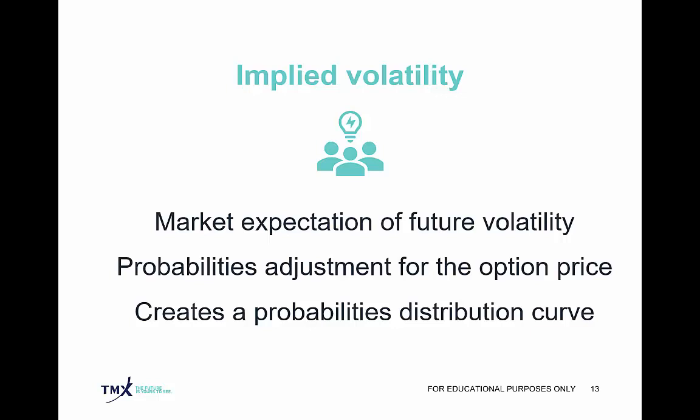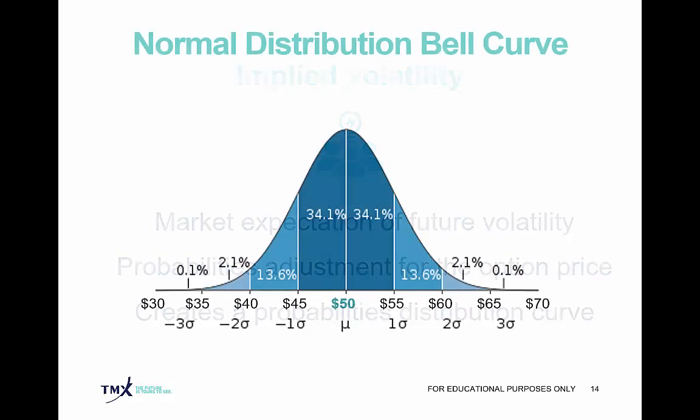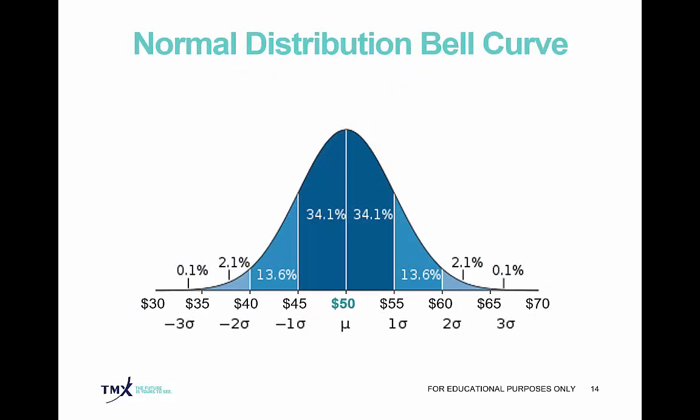And so what happens is, depending upon market conditions and the market maker's ability to forecast probabilities, the option contract price will adjust accordingly. So let's take a look at it from the perspective of a normal distribution bell curve. So what we're looking at here is, as I mentioned, a distribution bell curve. And the idea here is that, let's say these shares are sitting at $50.